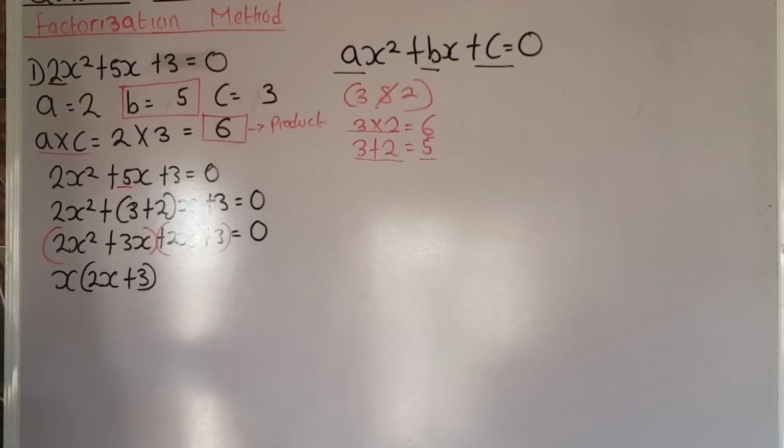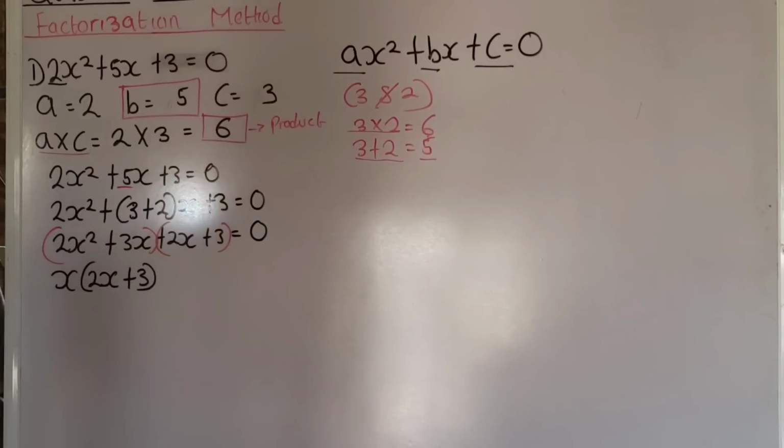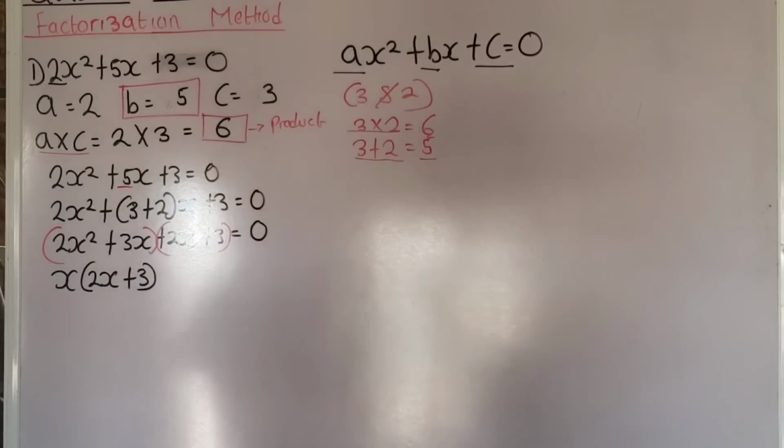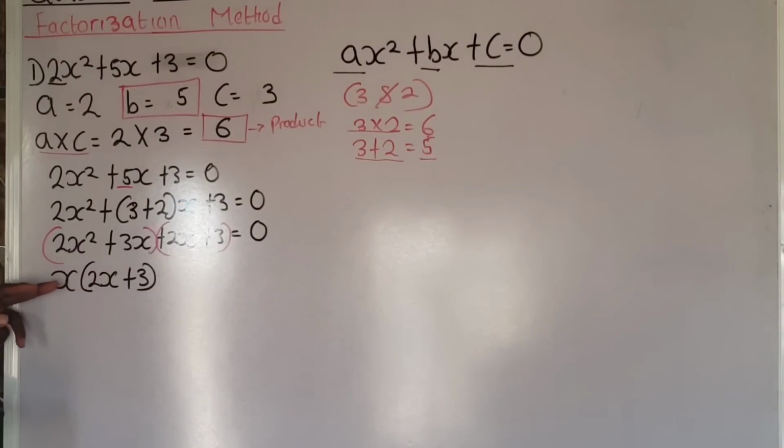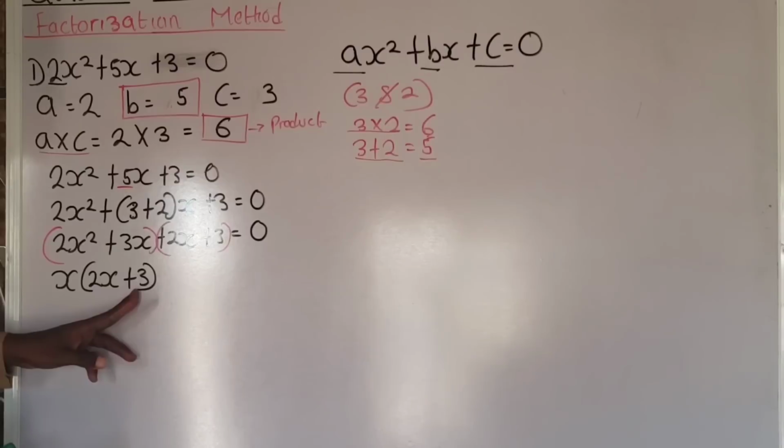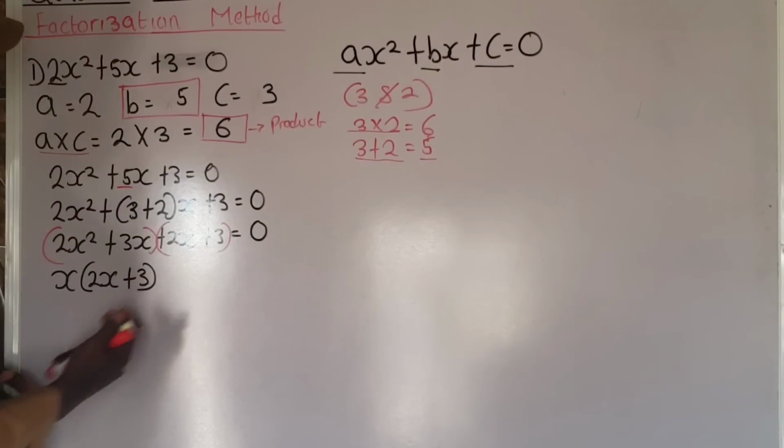When you are factorizing two terms, you are looking for the common term. So the common term between 2x squared and 3x is what? x. Now let's open this bracket using x. x multiplied by 2x will be 2x squared. x multiplied by plus 3 will be plus 3x. Do you understand? Okay? Now let's move to the second bracket.